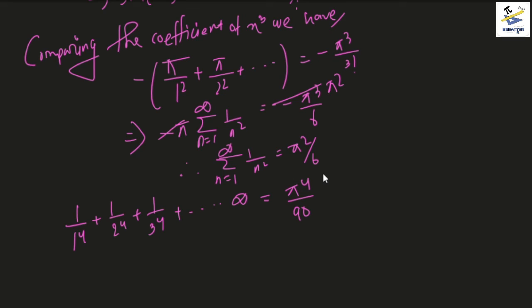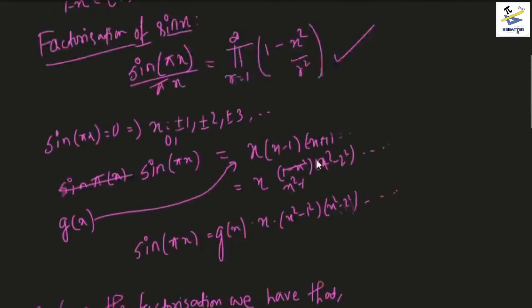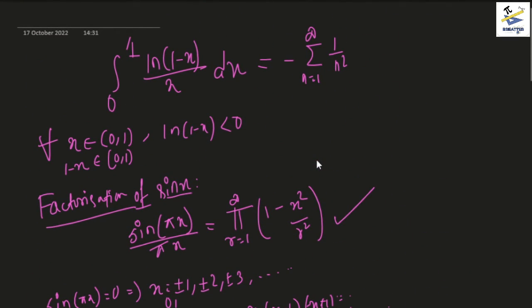In the next lesson we shall see some more integrals related to the ones that we have done here, like 0 to 1 log of 1 minus x by x. We can see some variants of this integral, then generalize some things and do some more integrals, and then we can move on to our actual topic, which is continuous random variables, and move forward in probability.